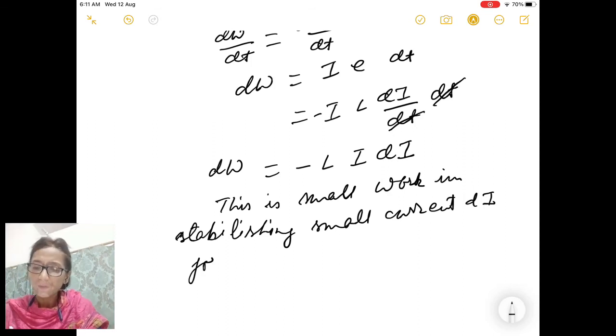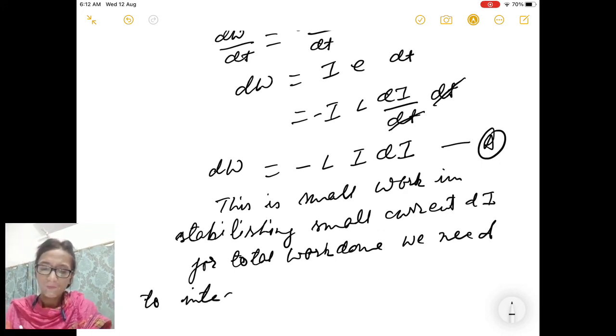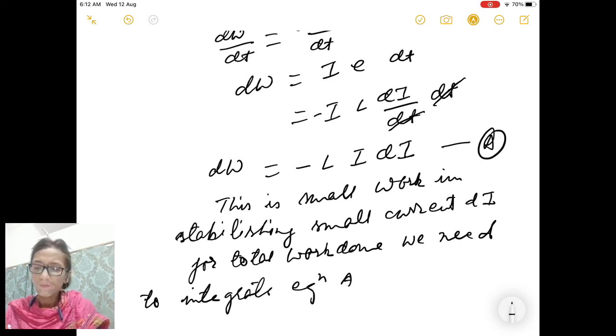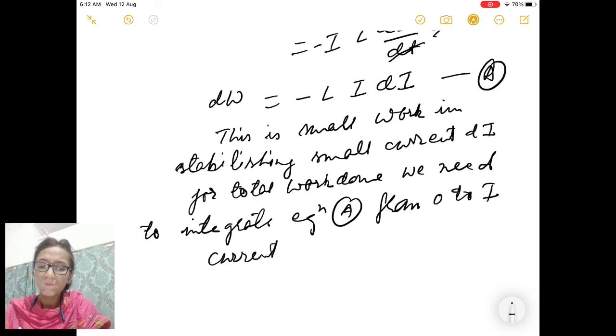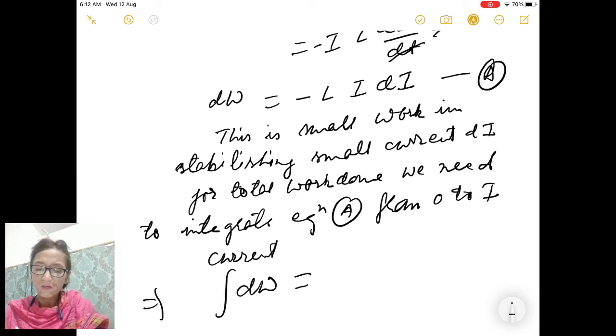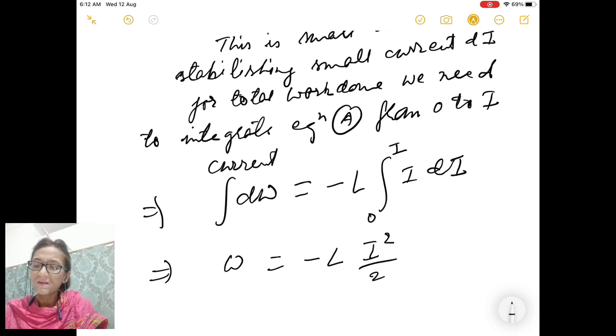So for the total work done, we need to integrate equation A from 0 to current I. It implies that the work done W is equal to, taking the constant L outside the integral, minus L times the integral of I di from 0 to I. Therefore your complete work done is equal to minus LI²/2.